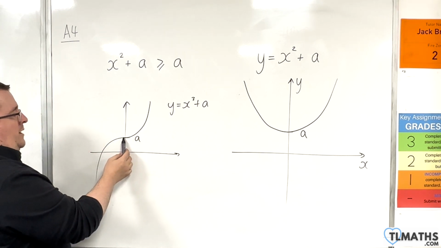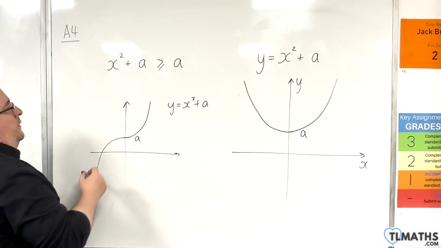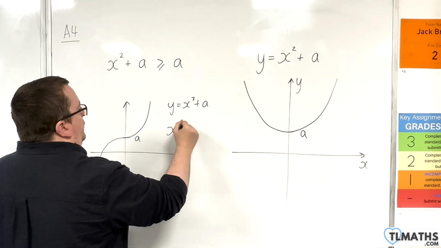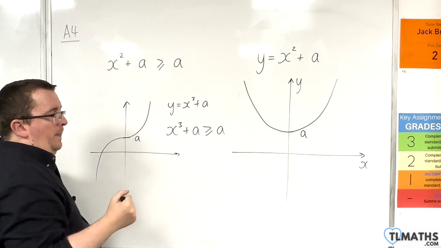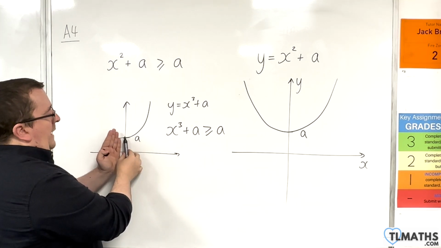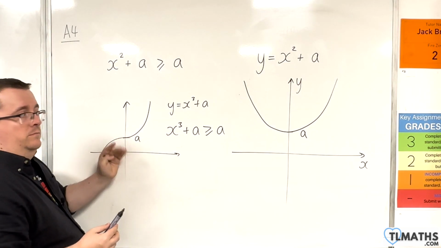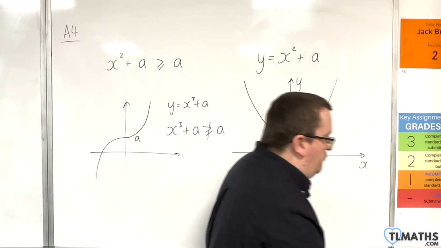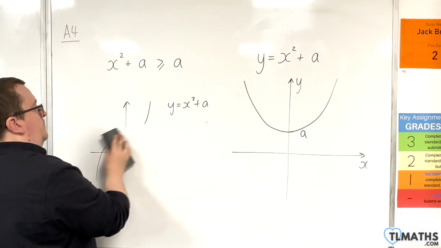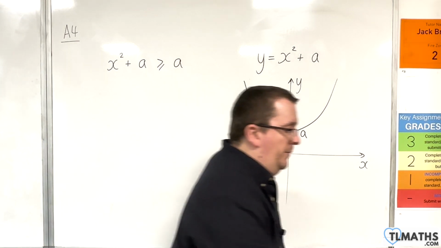So actually there is a region where it goes below a. So it is not correct to write that down, unless you say that x has to be greater than or equal to 0. We can't say that in general.